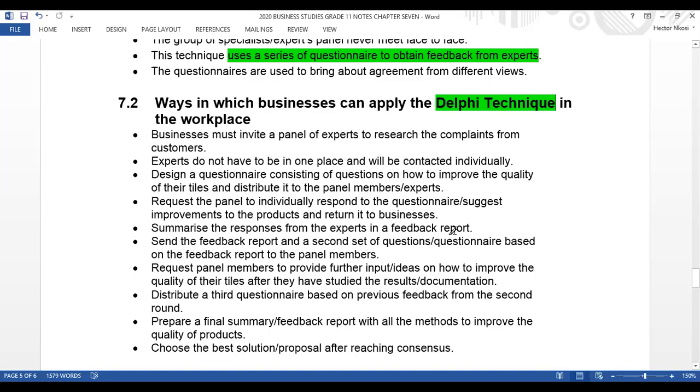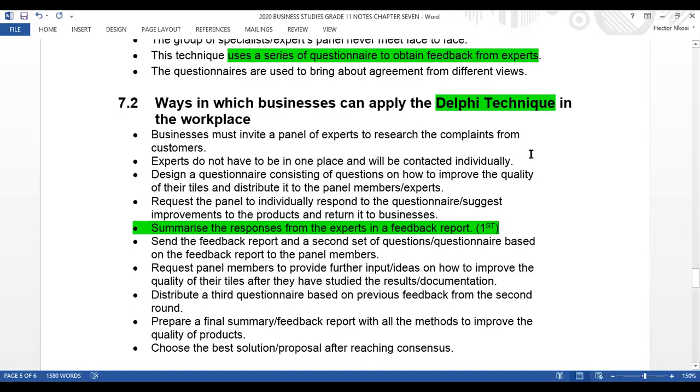I hope now you're seeing all the steps for this Delphi technique. Also, now you must summarize the response from the experts in a feedback report. So this is your first report from the feedback. You must summarize it. So basically, this is the first.